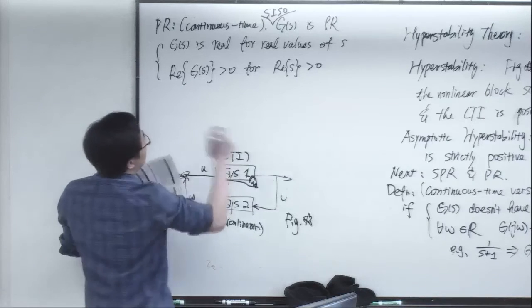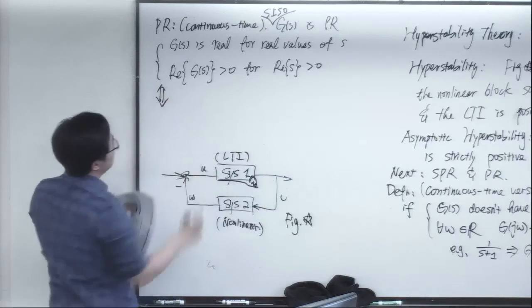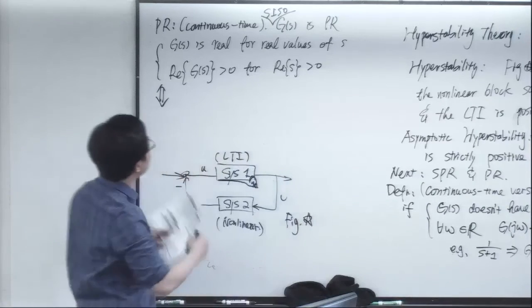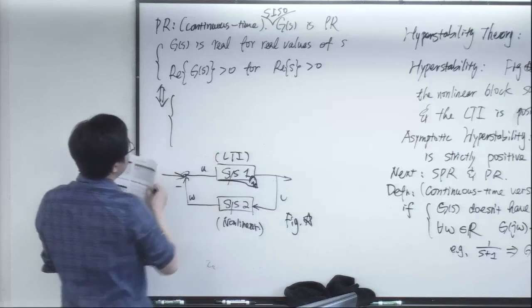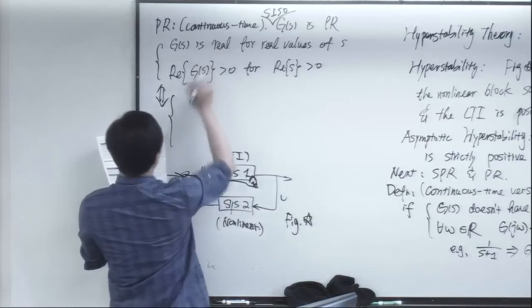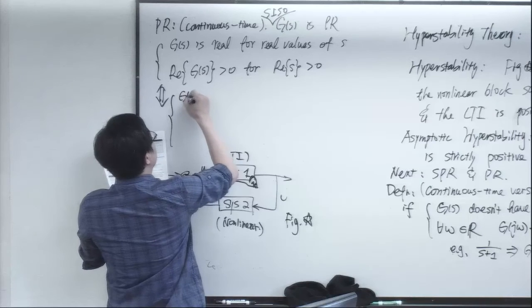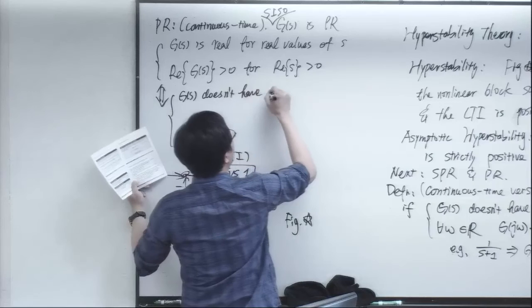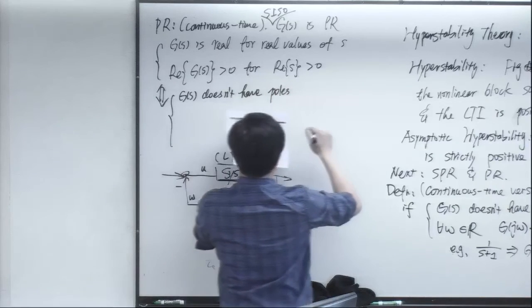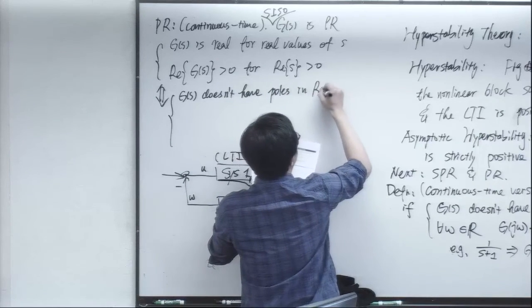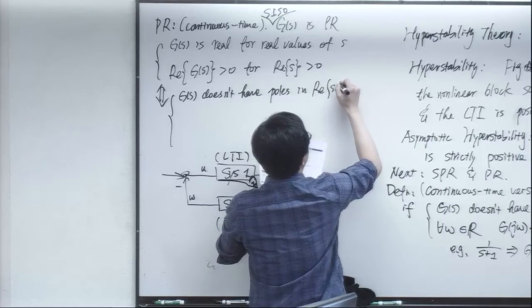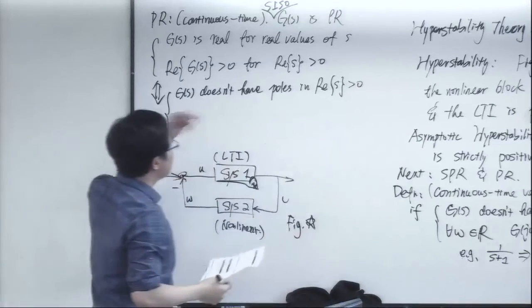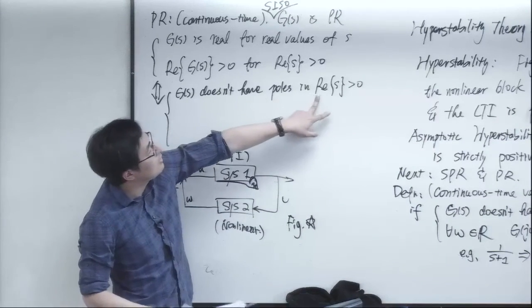So it turns out this is equivalent to some conditions that look like this. It is equivalent to three conditions. First of all, it is stable. It doesn't have any poles in the right half plane.